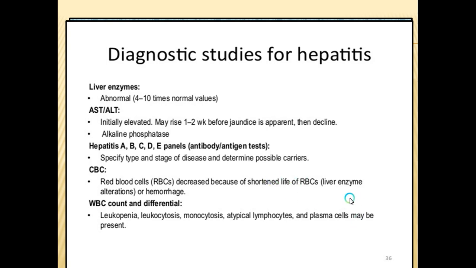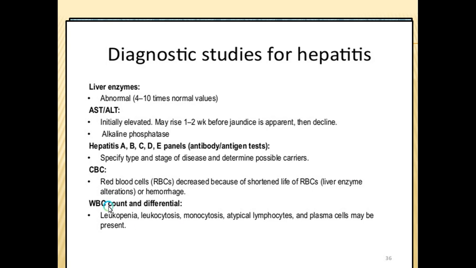But here, even if hepatitis occurs in bigger children, where you don't have fetal hemoglobin, you will find that the lifespan of RBCs is shorter than 120 days. Why? Because of the liver enzyme alterations.